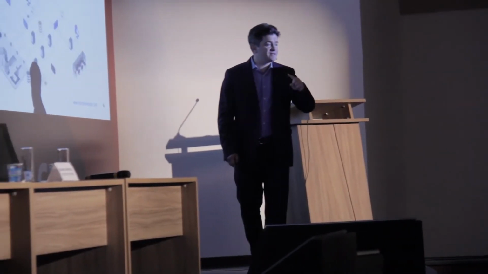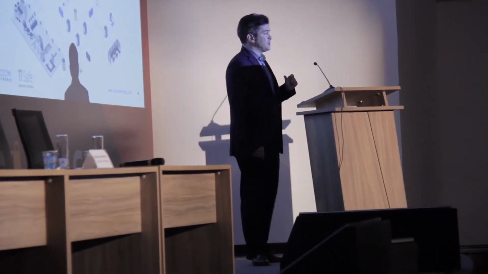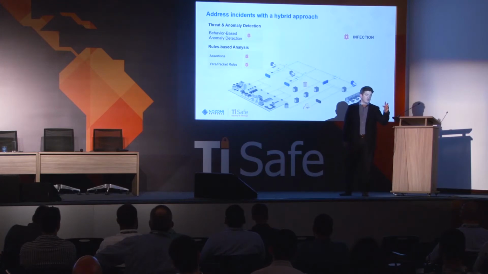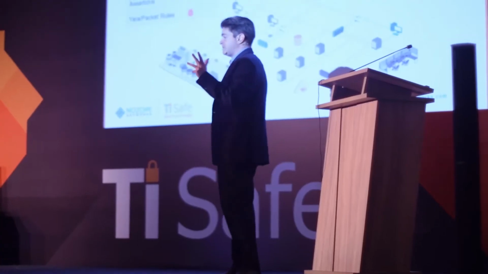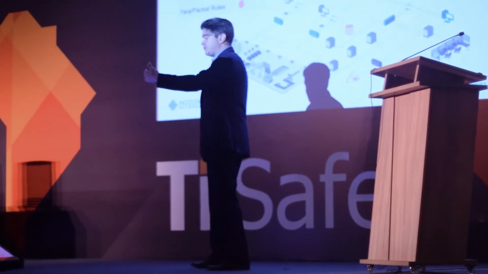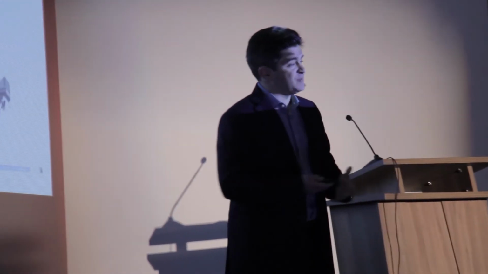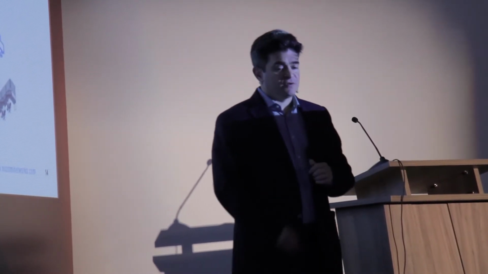Most things have a signature. Zero-day attacks do not have a signature. Malicious insiders or compromised insiders do not have a signature. So you need to have both behavioral-based anomaly detection and signature-based detection, and you have to be able to provide assertions so that people that are monitoring can ask questions about the network. Who has entered my network in the last month? With what protocols and so forth.